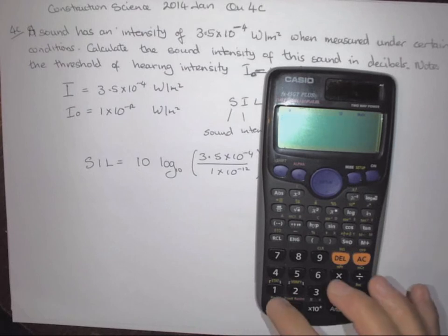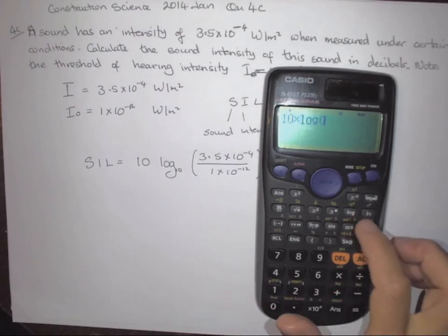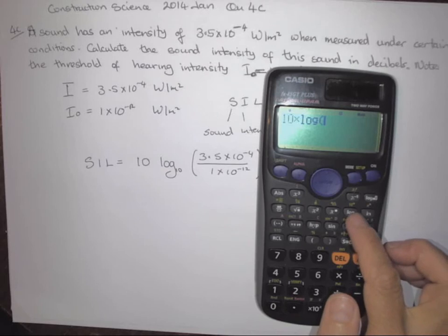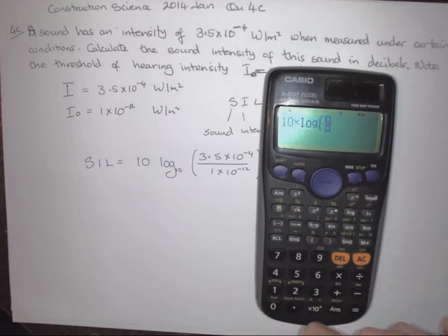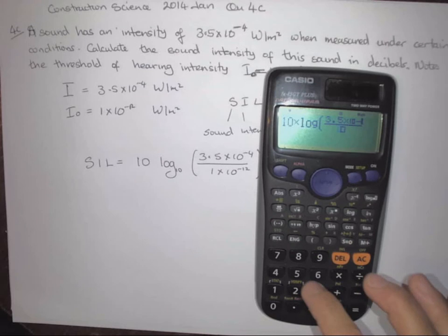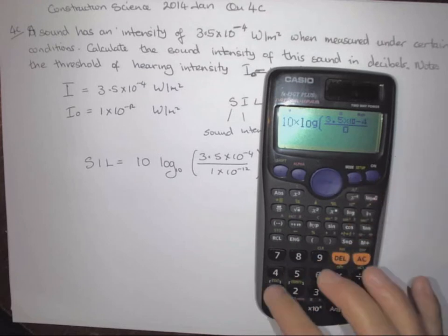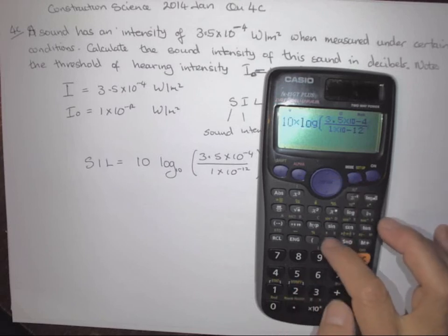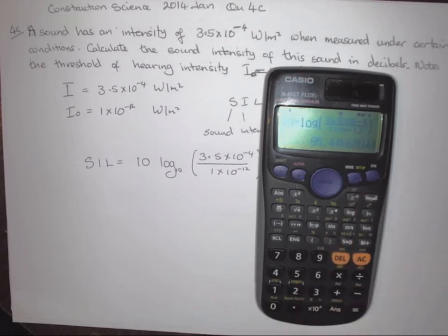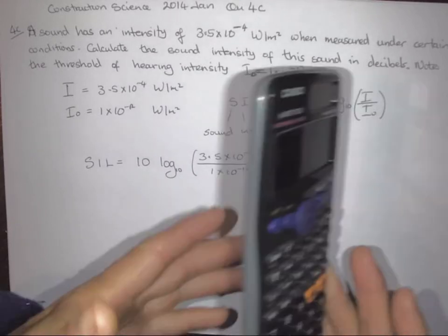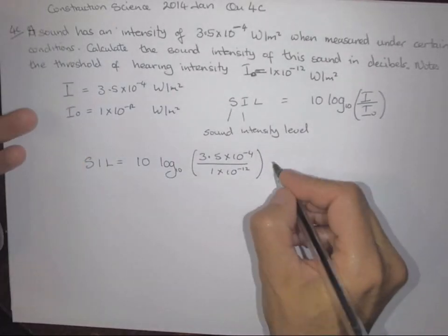So it's going to be 10 multiplied by this log here, because that's the log to base 10. Put in the fraction button, 3.5 by 10 to the minus 4 at the top, and below 1 by 10 to the minus 12. Come out of there, close the brackets, press equals, and you get 85.44 decibels. And that's your answer.